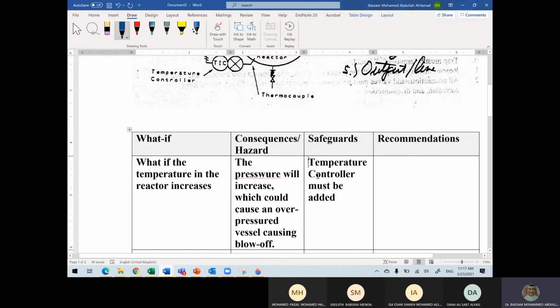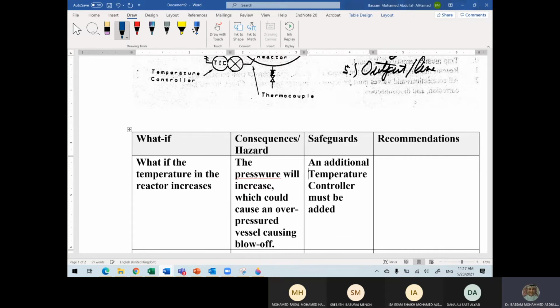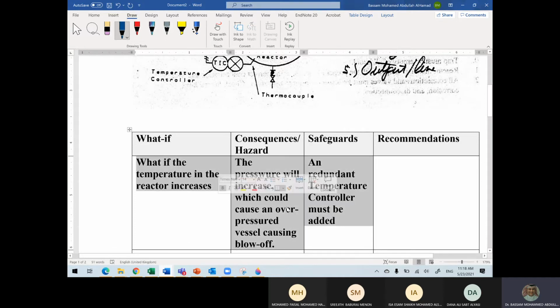If you are really worried and there's a temperature controller, but you want to make it more reliable and more safe, you're going to say an additional temperature controller must be added. And the word additional here, you can remember as the word redundant. Okay, so if you want, write additional or redundant temperature controller must be added.